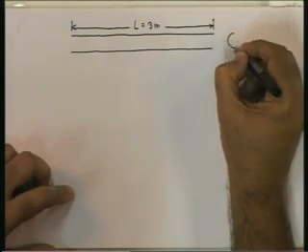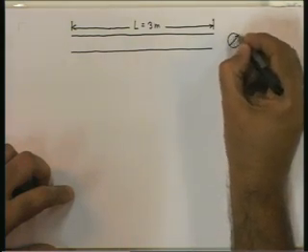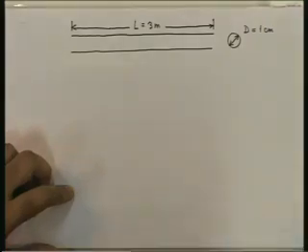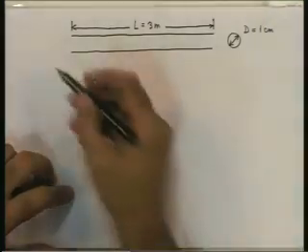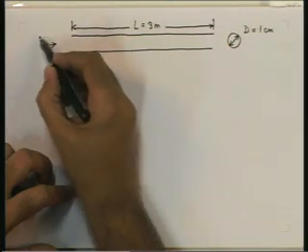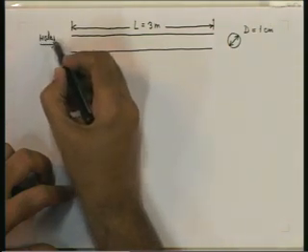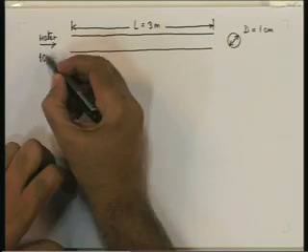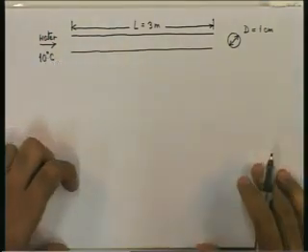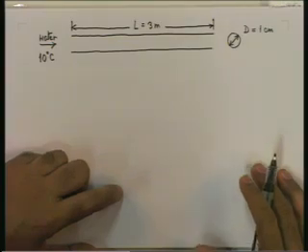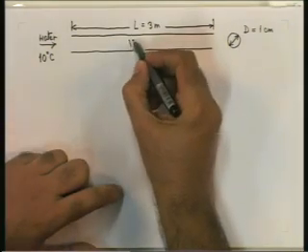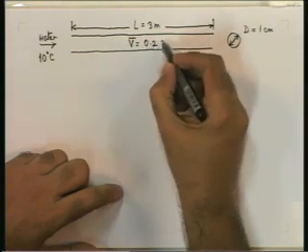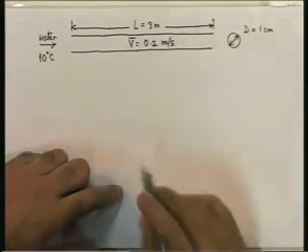The cross section is circular and the diameter is 1 centimeter. Water flows through it and it is assumed that the temperature of the water is uniform at 10 degrees C. The flow rate is such that the mean velocity is 0.2 meters per second.